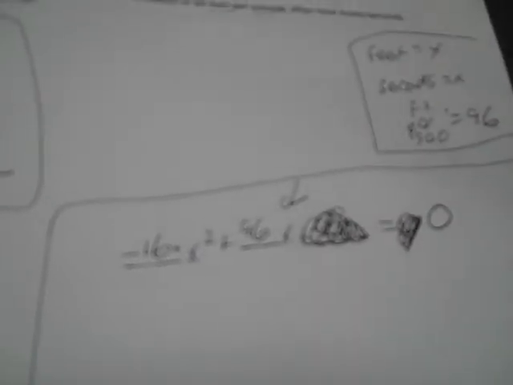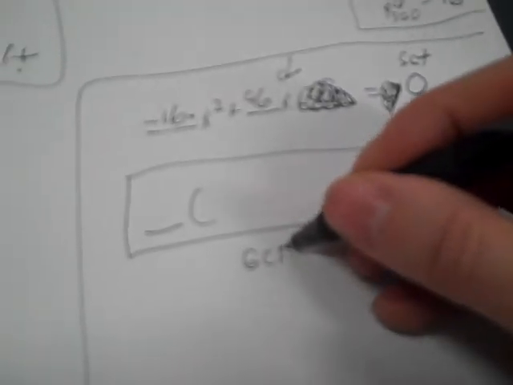So there are 2 answers. Now you also have an x not to the second, so we have to do the factoring. We're already set, but we have 2 terms, so I would see if I have a GCF, and then I would see if I have a difference of perfect squares.